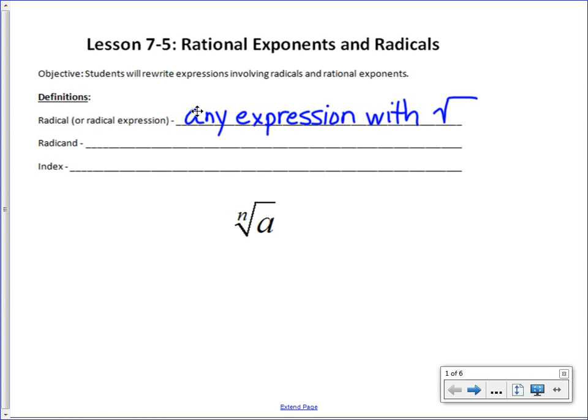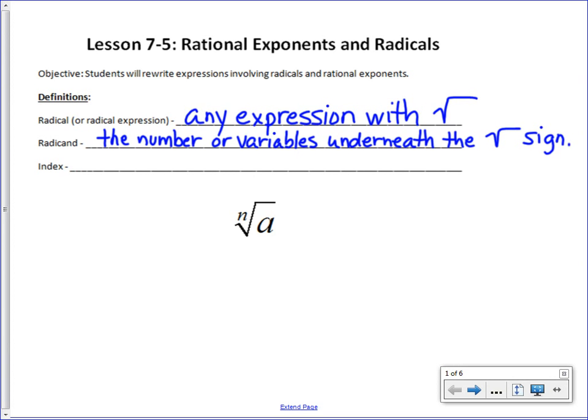The radicand is the number or variables underneath the radical sign. And the index is the root of the radical.